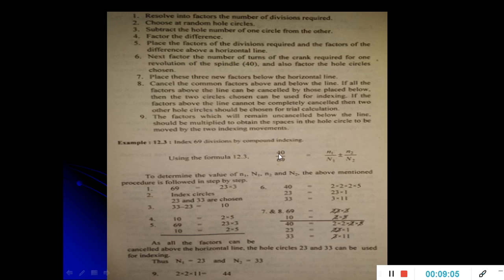The number of turns is a fixed one, 40, right? So take this 40 and take its factors. I have taken the factors of 40 as 2 into 2 into 2 into 5. 2 twos are 4, 4 twos are 8, 8 fives are 40. So I have done according to the sixth step.